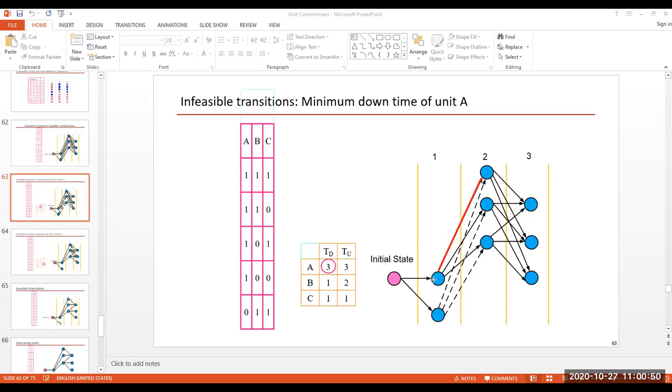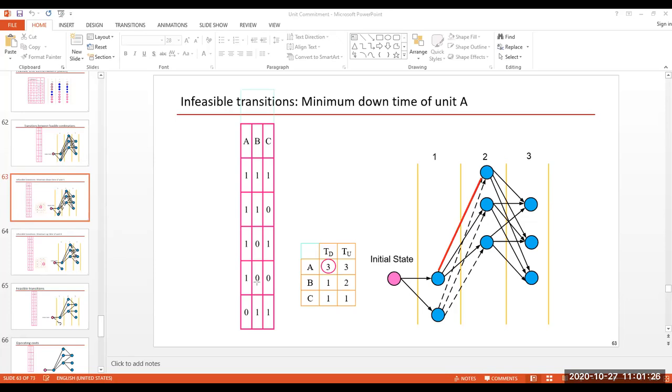Now within this hour, we know that unit B and unit C were turned off. So from this hour to this hour, the only downtime is 1 hour. That means from one hour to the next hour, I can turn on unit B as well as unit C, because their minimum downtime is 1 hour.